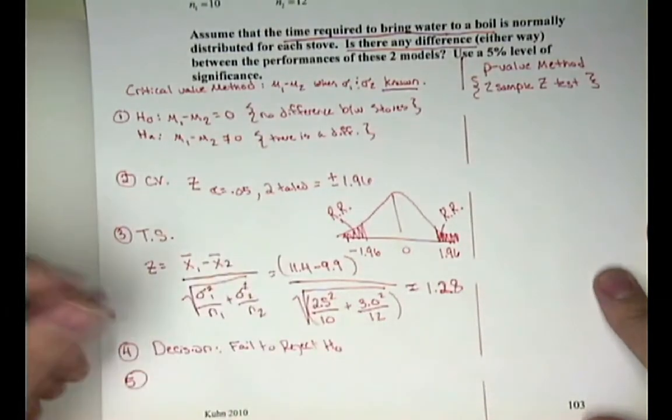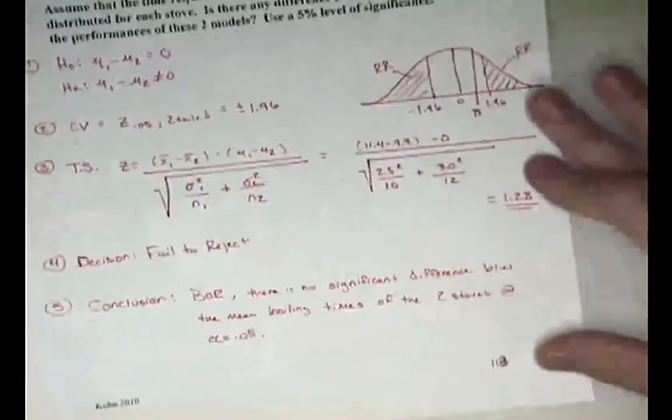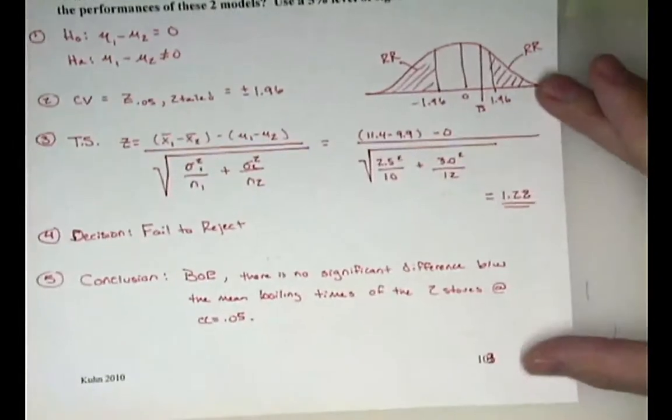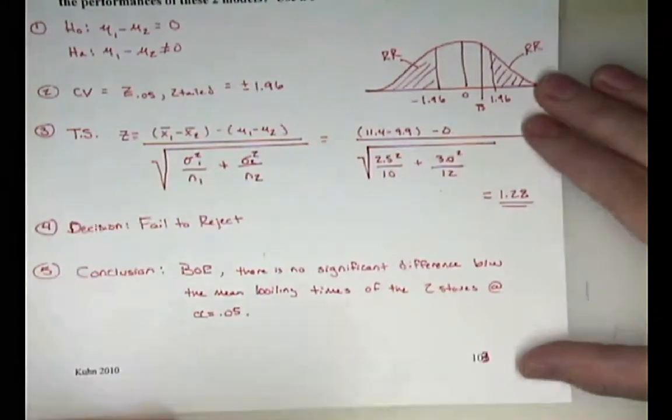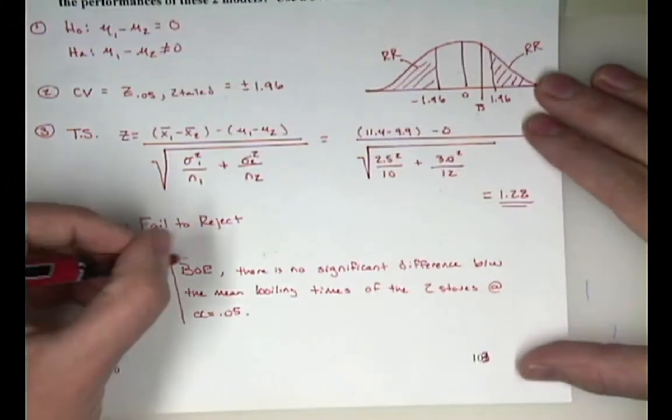And of course we have a conclusion. Rather than holding my hand over the conclusion, I'll let you see the conclusion. Based on the evidence, there is no significant difference between the mean boiling times of the two stoves at alpha equals 0.05. So this is our answer.